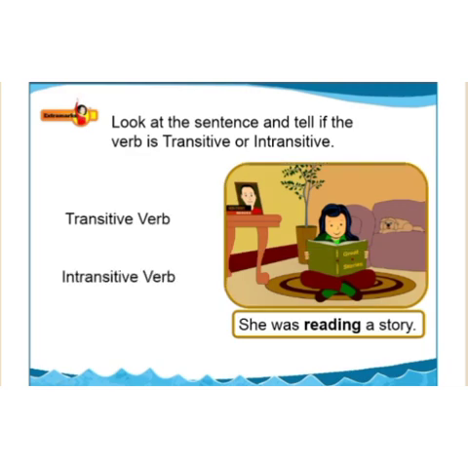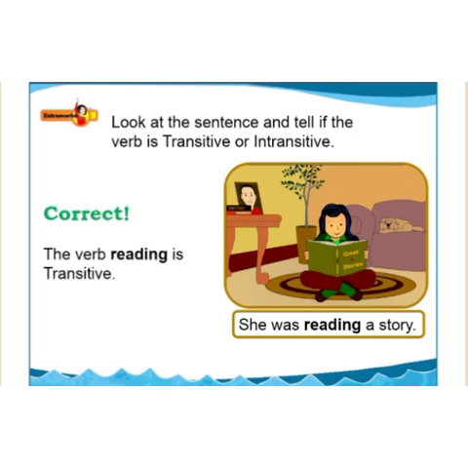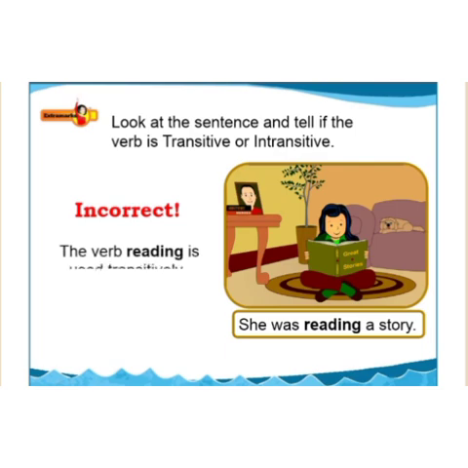Transitive or intransitive? She was reading a story. Correct. The verb reading here is being used transitively as the sentence contains an object, a story. Thus the verb reading is transitive. Here the action of reading is passed on from the subject she to the object, a story.